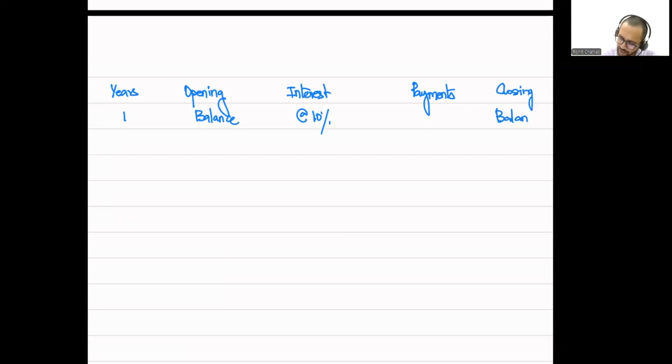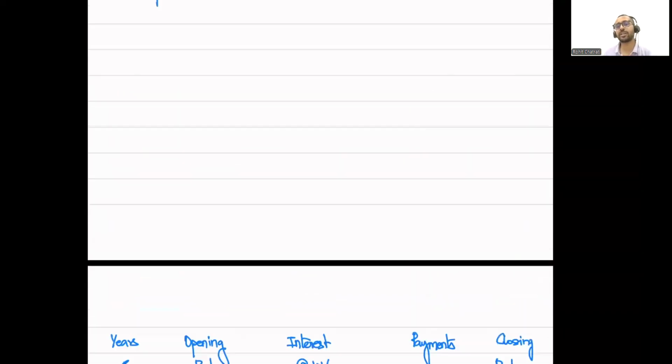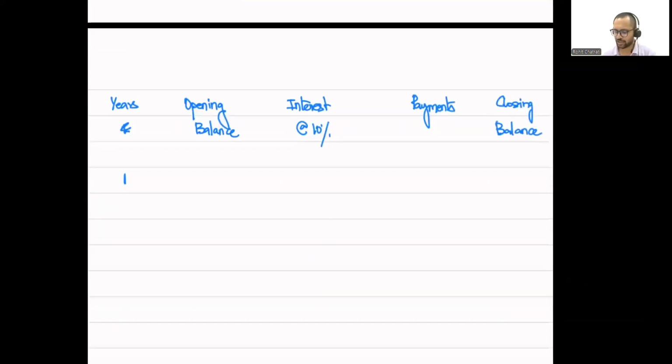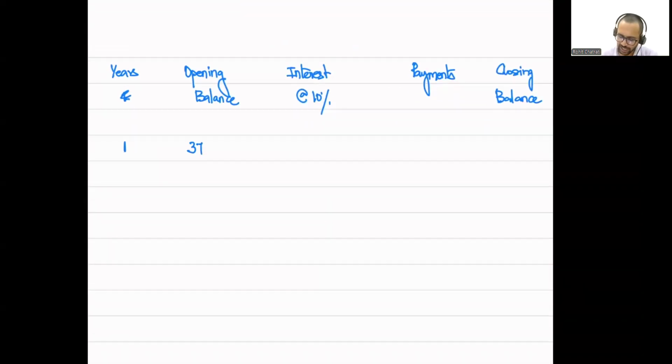Now for year 1, the beginning balance is basically going to be the amount of recognition itself, which is 37 lakh 90,800. On that, I would have calculated interest at 10 percentage, which is going to be equal to 3 lakh 79,080.